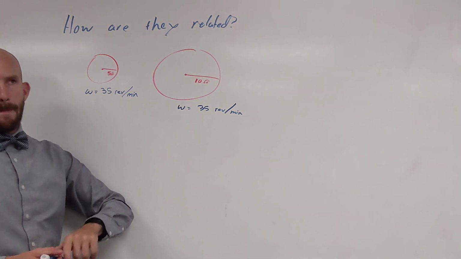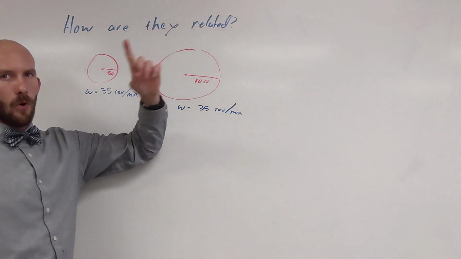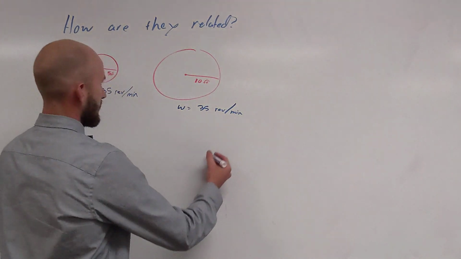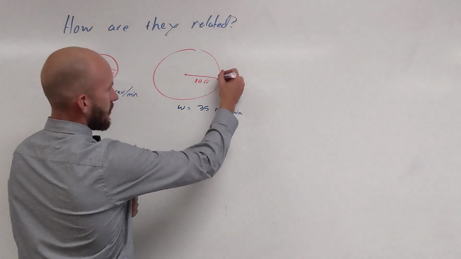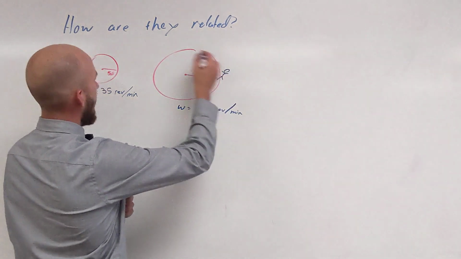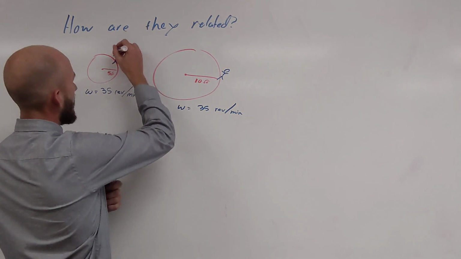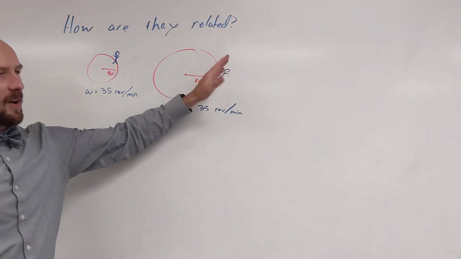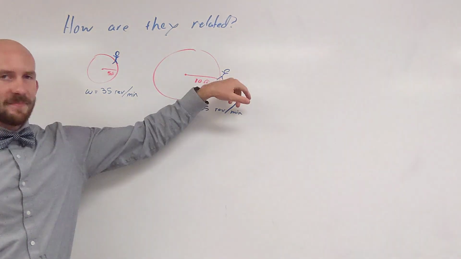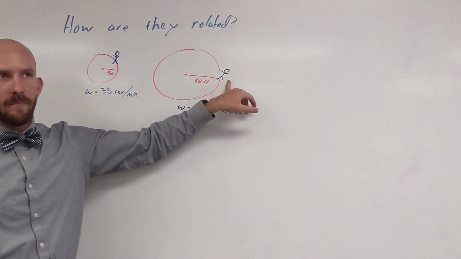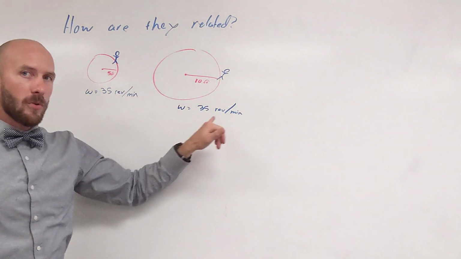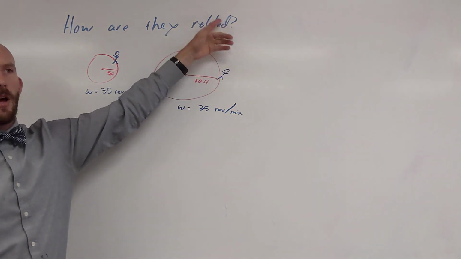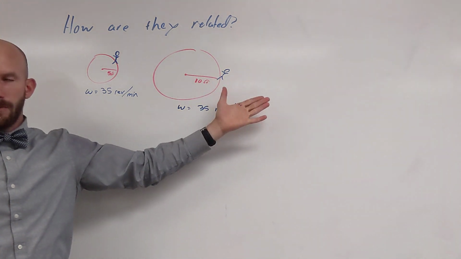Think about it this way. Even though they're making a full revolution in the same amount of time, if we've got a little 8-year-old elementary student out here, this one is going to make a complete revolution in the same amount of time as this one over here, but this one is going to cover a lot further distance, right?